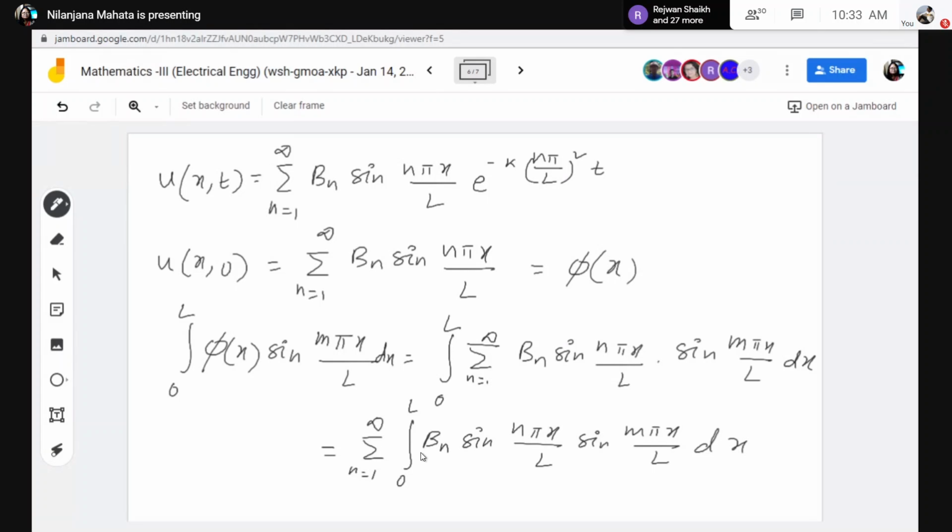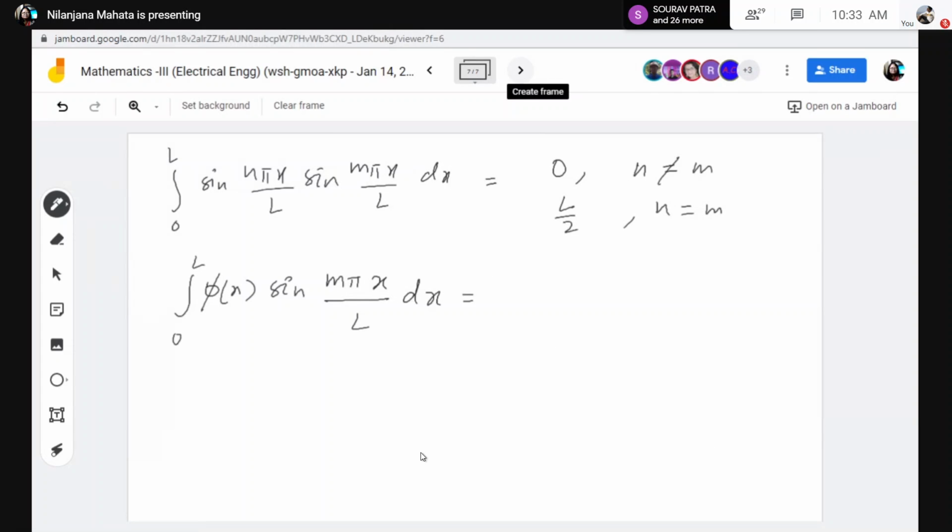I am taking n equal to m here, so this n and m will be the same. So it is b_m L by 2, that means your b_m will be 2 by L times the integral.